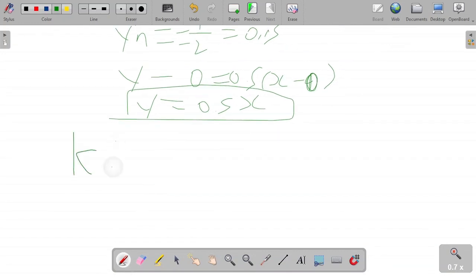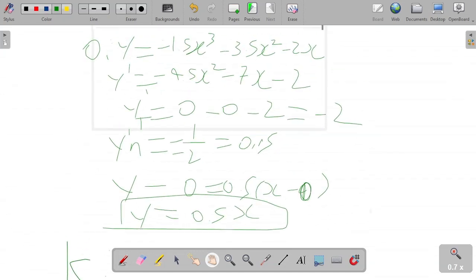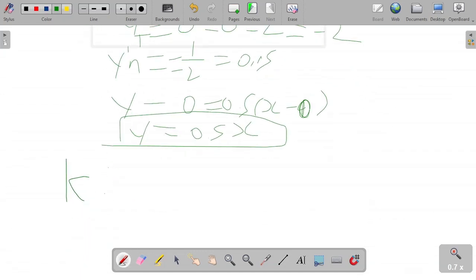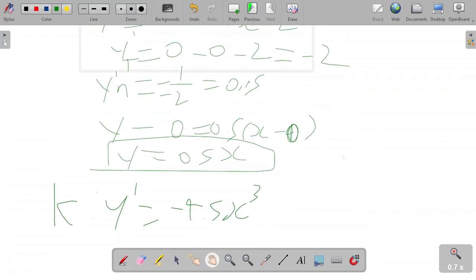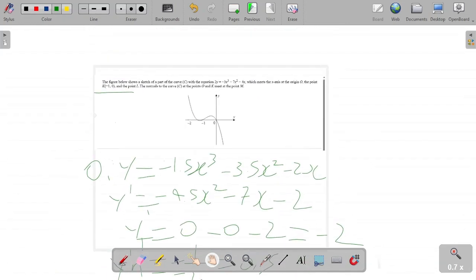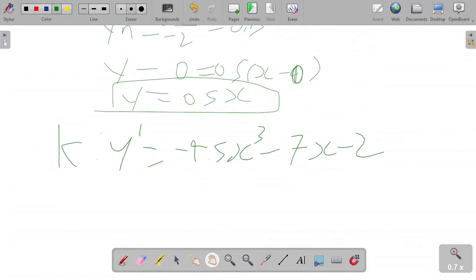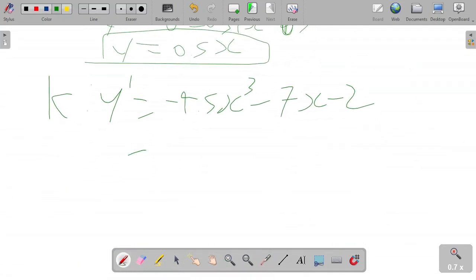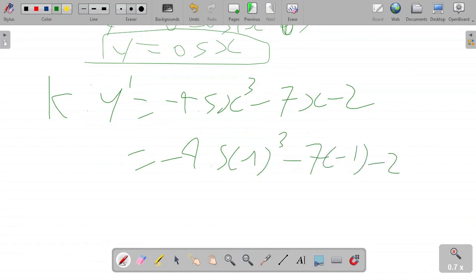For K, it's the same derivative. Y prime is equal to negative 4.5x squared minus 7x minus 2. What's the x of K? It's negative 1. So you do negative 4.5 times negative 1 squared, minus 7 times negative 1, minus 2.